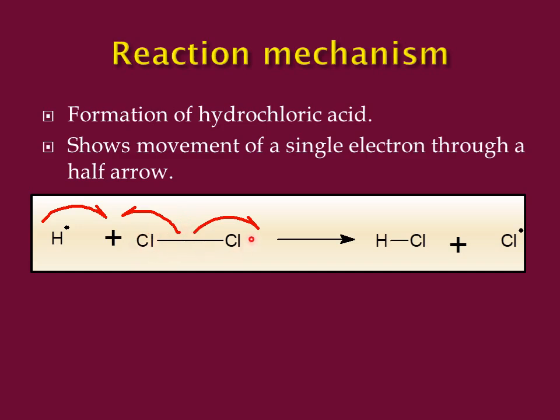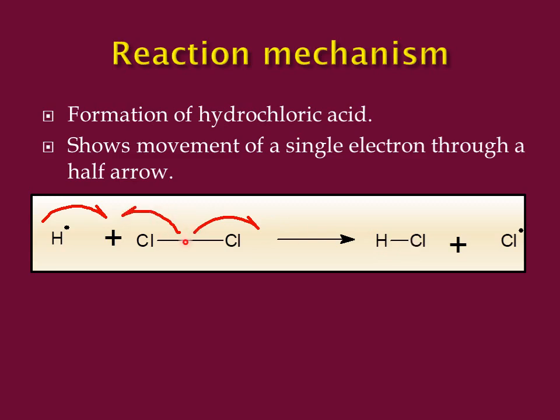And a bond is going to form between this chlorine atom and this hydrogen radical. This electron and the radical of this chlorine are going to join together to make a bond between hydrogen and chlorine. This half arrow is showing the movement of a single electron.